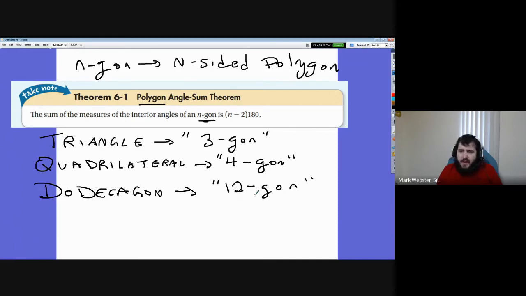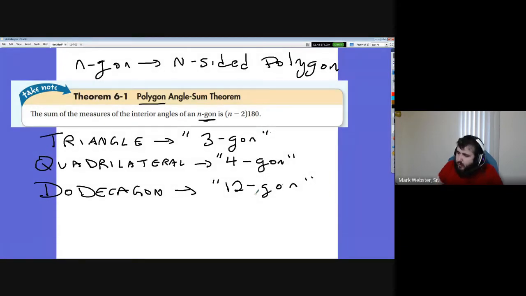And then anything that doesn't have a really common established name will just go number-gon. And that number will just tell you how many sides there are. So if you want to know what all the angles together add up to, take the number of sides, subtract by 2, and then take that new number, multiply by 180. That's all it's telling you.